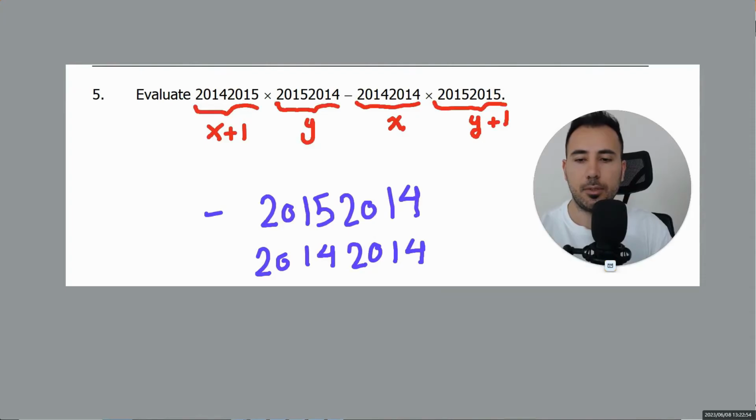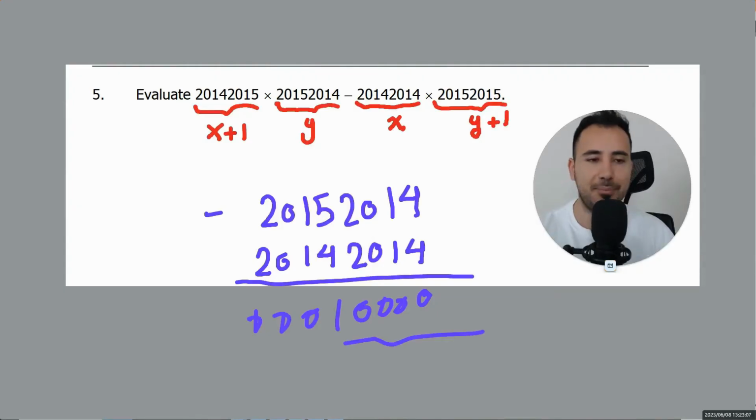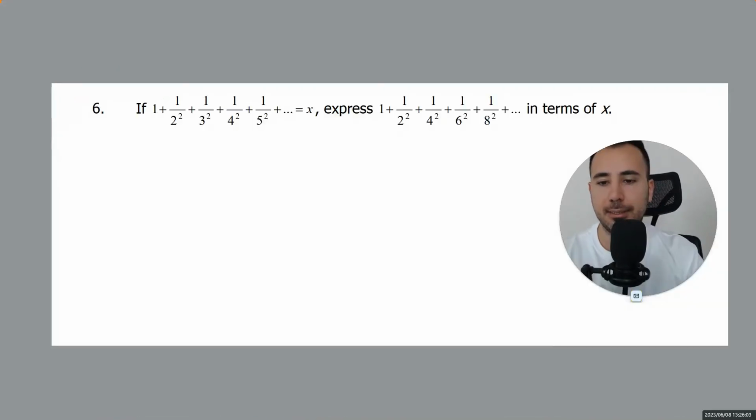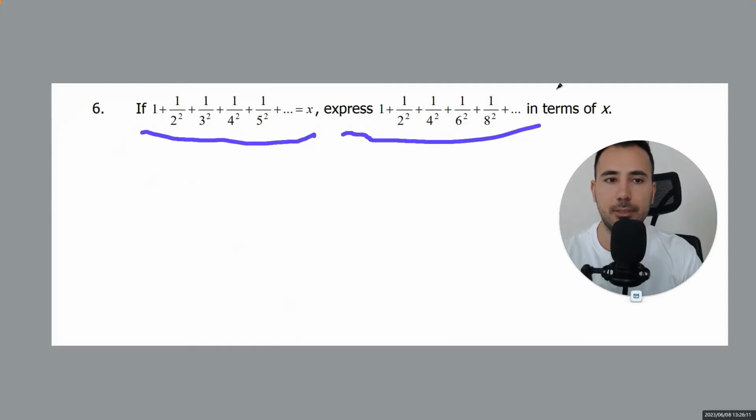Okay, so what we're gonna get is just minus these two numbers, 00010000. So the answer is 10,000. Easy peasy. Question 6. If this expression, we call it x, what is this?